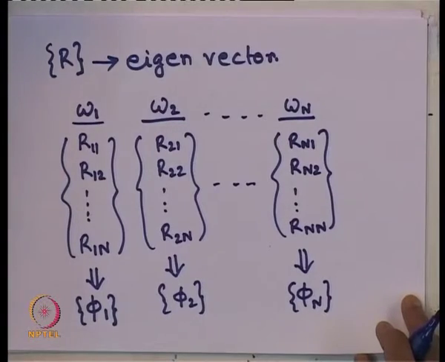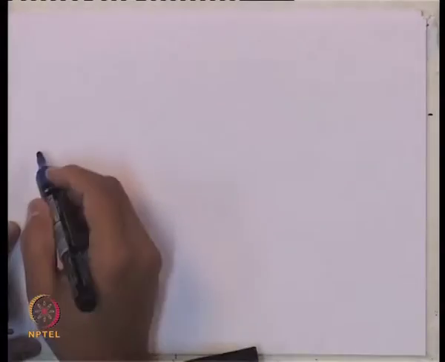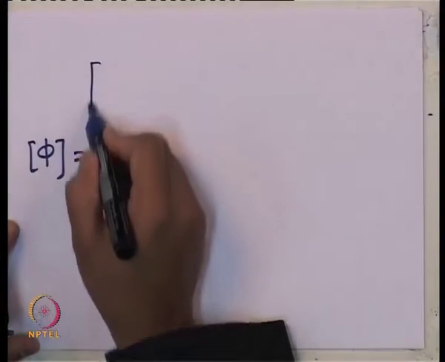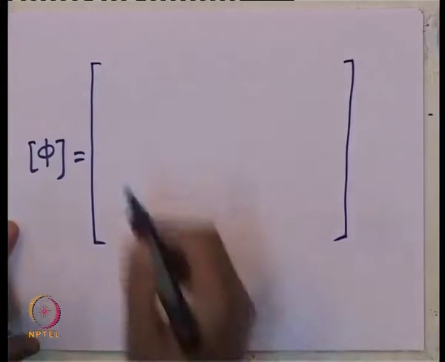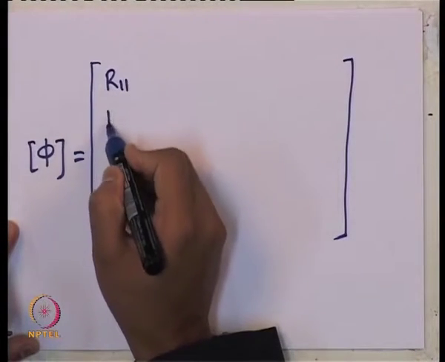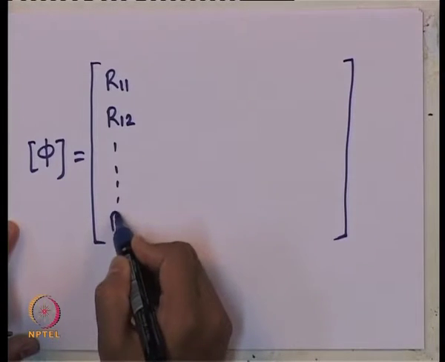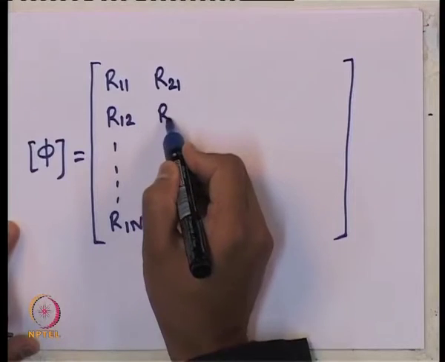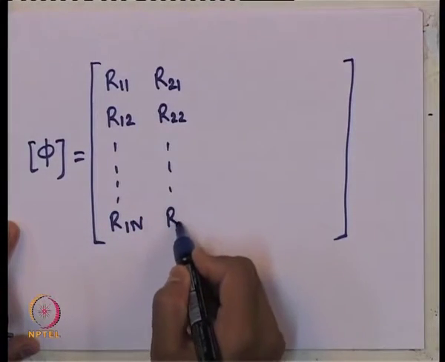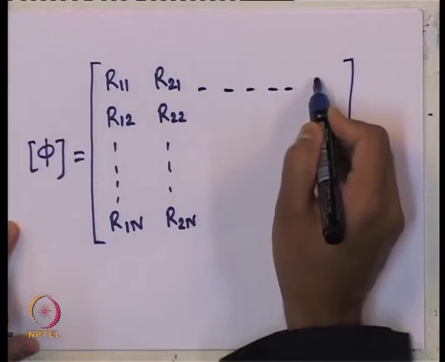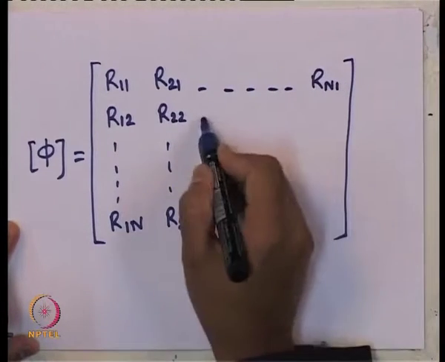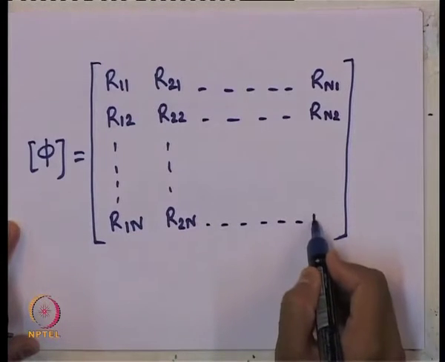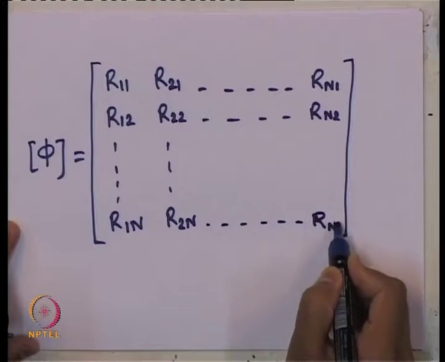So, the transformation matrix phi can be written as the matrix with rows r 11, r 12, r 1 n, r 21, r 22, r 2 n, up to r n 1, r n 2, r n n.